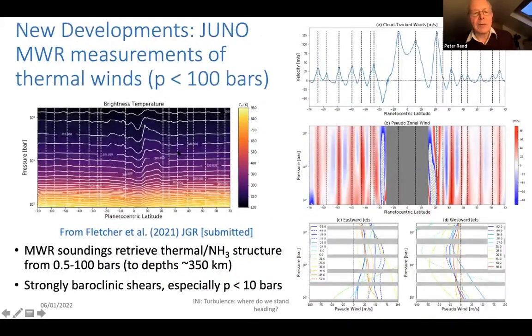More recently, we've had the Juno mission, which is now looking at some of the vertical structure of these flows. We see that the zonal flows are in fact significantly baroclinic in their structure. They're not height independent in quite the way that you might expect, just purely from an application of Taylor-Proudman.